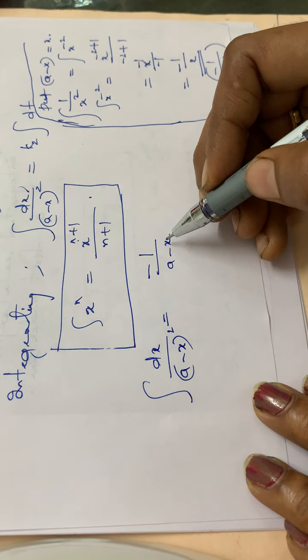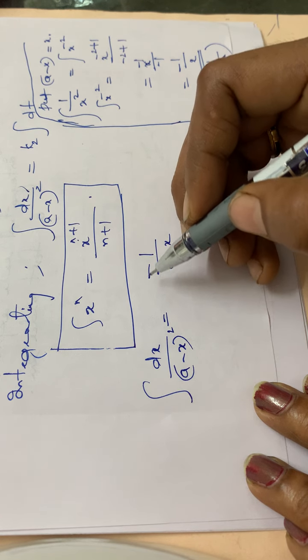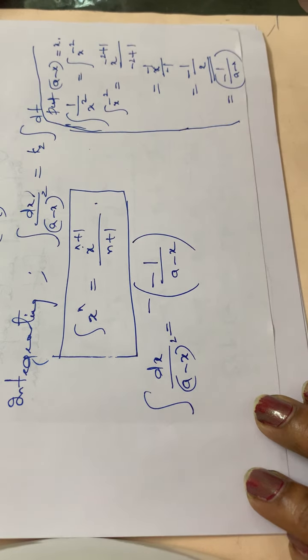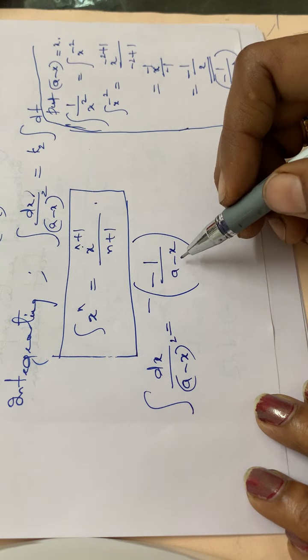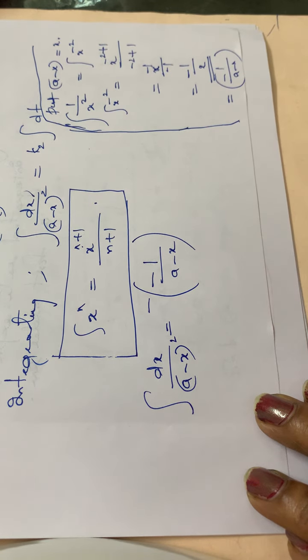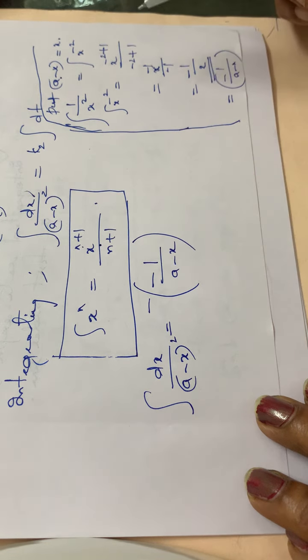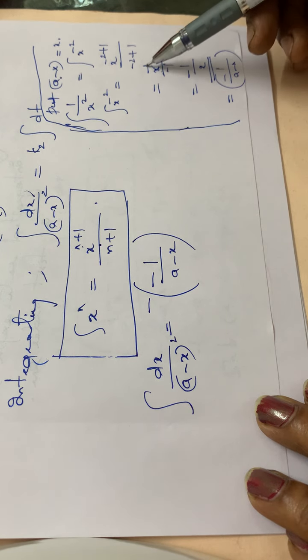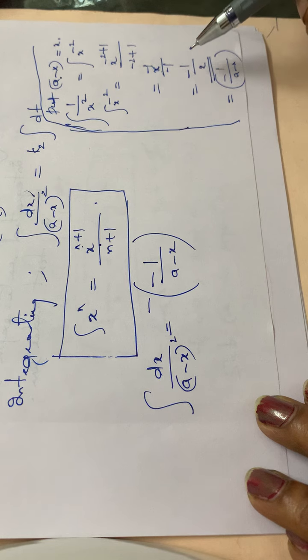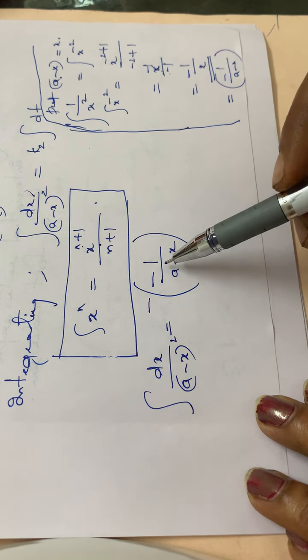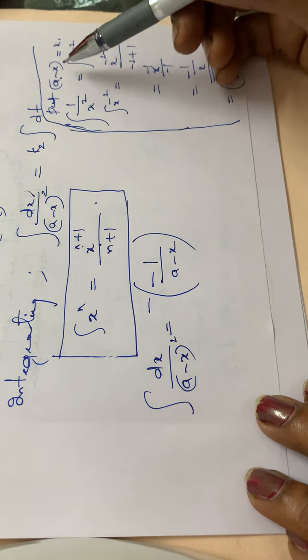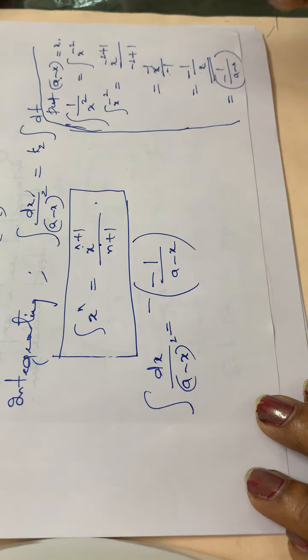Again, for minus X there is a negative sign, so minus of minus 1 by X. This will be the answer for this particular term. So you have to put A minus X equal to X, then apply this formula, and you get x raised to minus 1 divided by minus 1, which is minus 1 by X. Instead of X, you take back A minus X, so minus 1 by (A minus X).